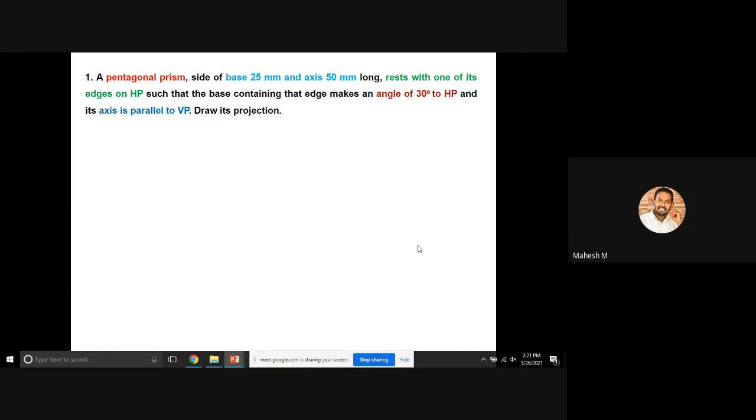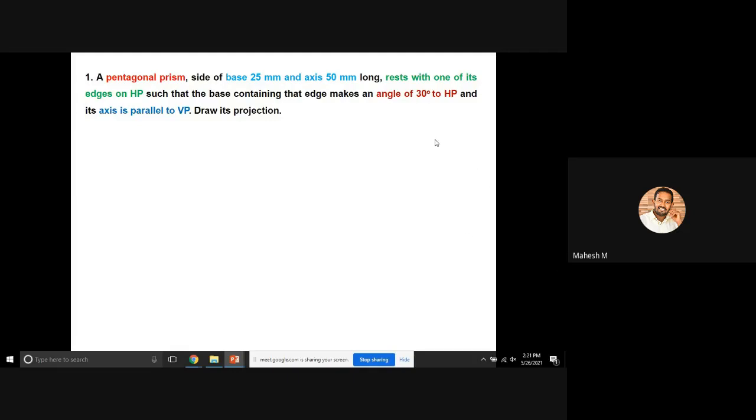So these are the different kinds of solids available in this unit. In your syllabus itself, inclined solids are discussed. So we'll be discussing prisms, pyramids, cone, and finally, cylinder.